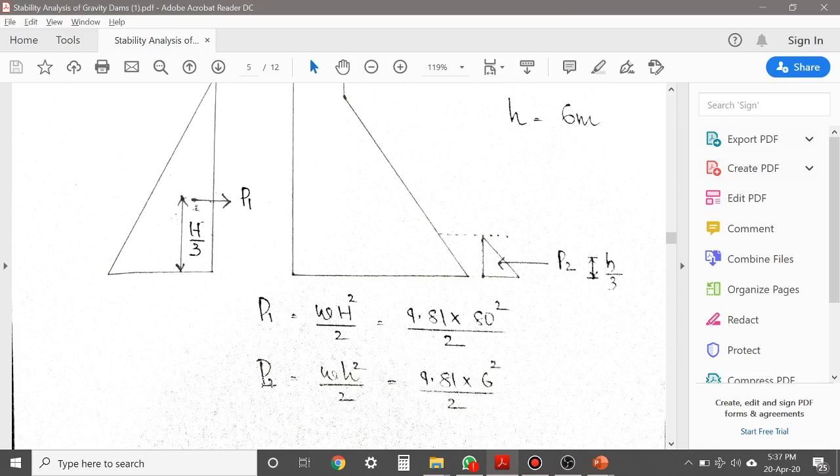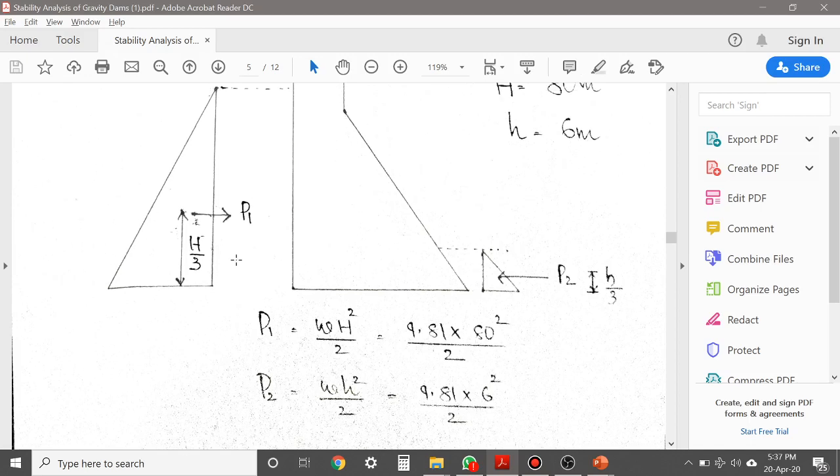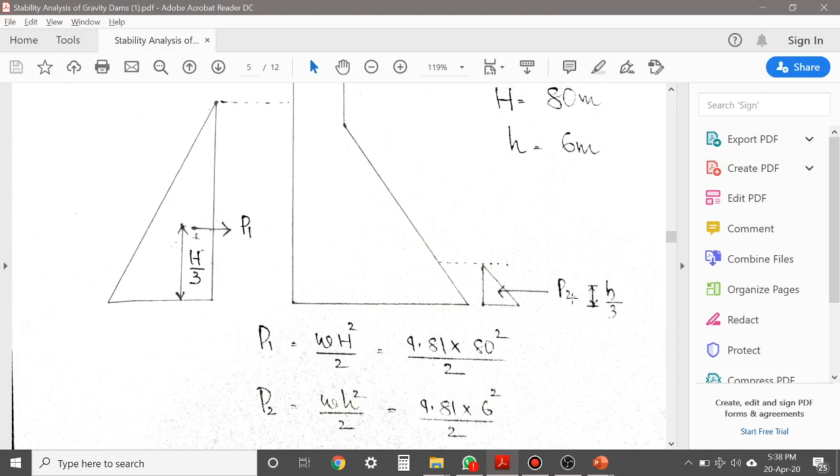Now you want to calculate the lever arm distance of P1 and P2 with our key point, that is toe. The water pressure will be acting at a height of H by 3 from the base of the triangle. So this is the base of the triangle, and this water pressure will be acting at a height of H by 3.